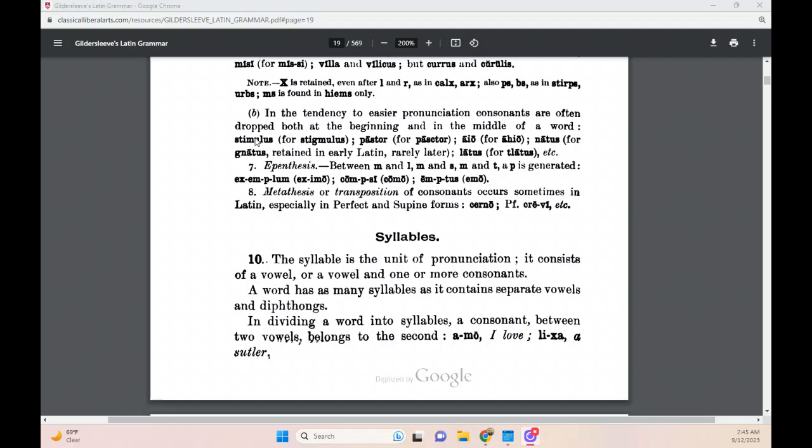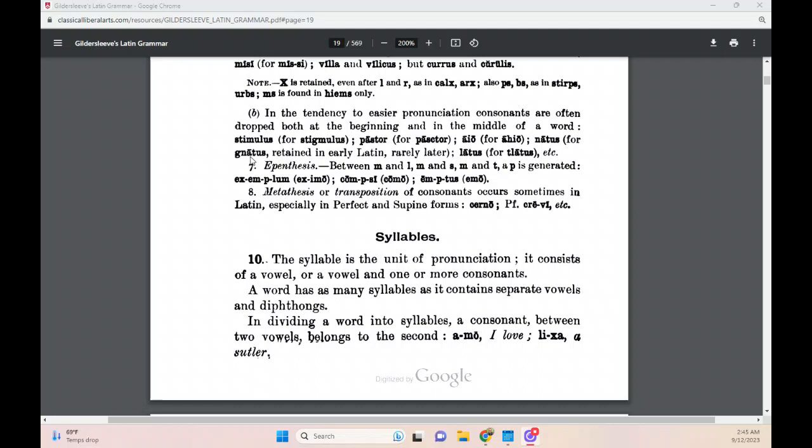Up here we can see some more Latin words. Let's just look at a couple examples. We see this word here, stimulus, and we see 1, 2, 3 separate vowels, so stimulus has 3 syllables. Here we have the word gnatus.